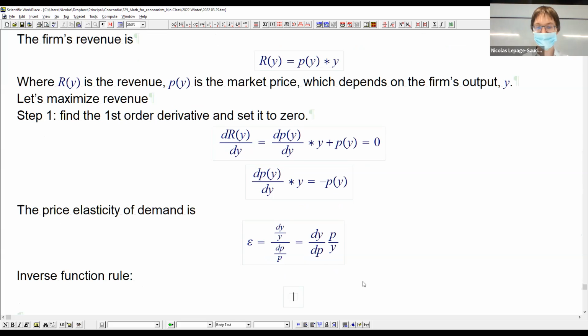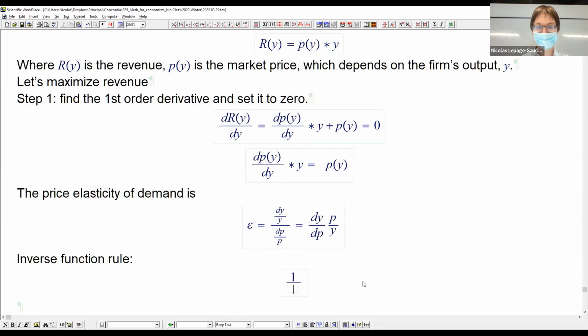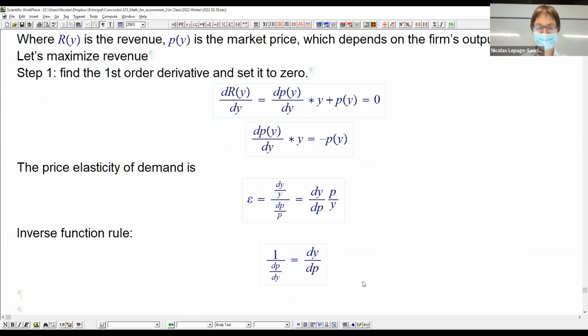What I can express is 1 over dp over dy equals dy over dp, as long as dp is not 0, and of course dy is not 0.